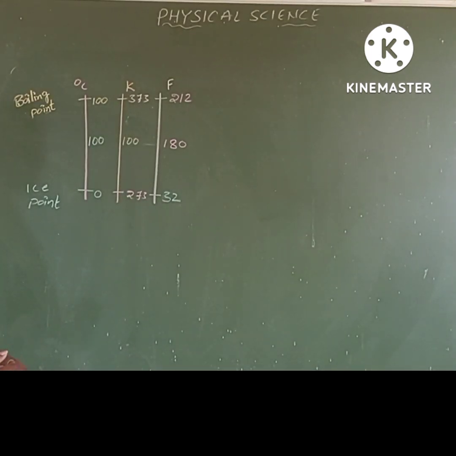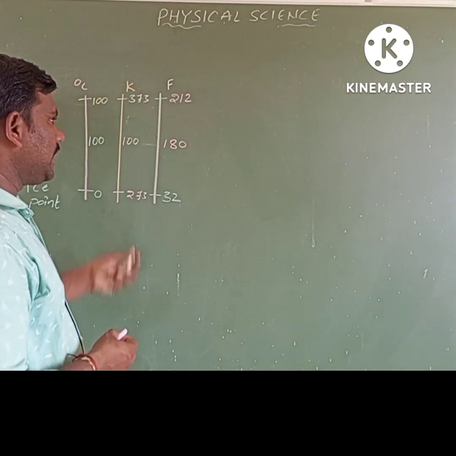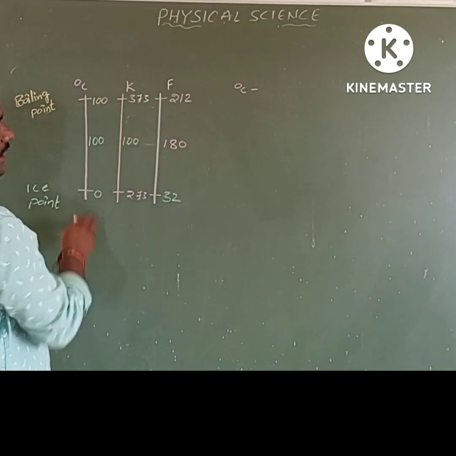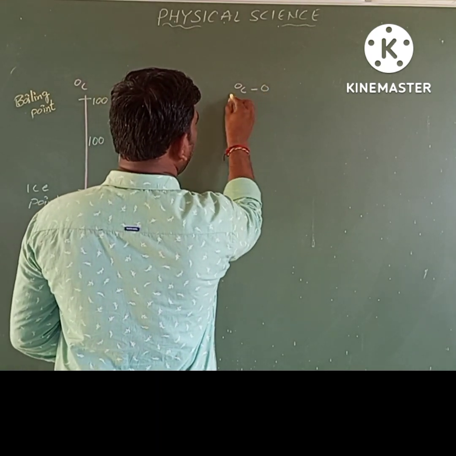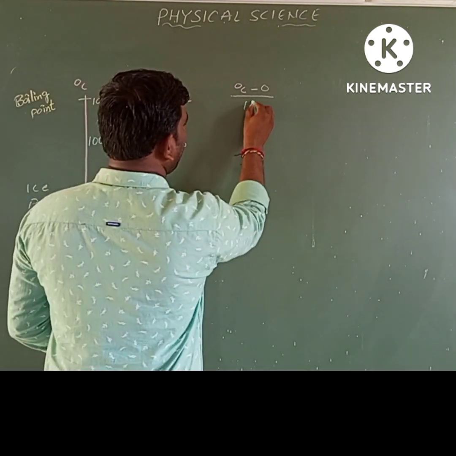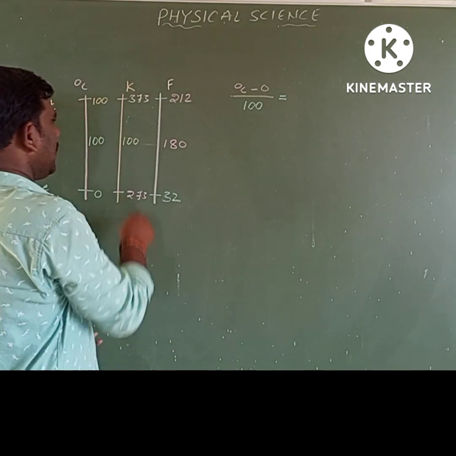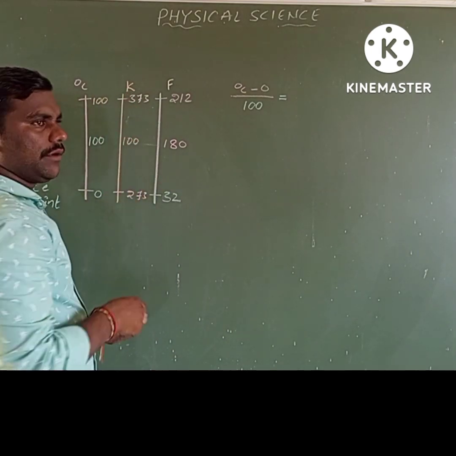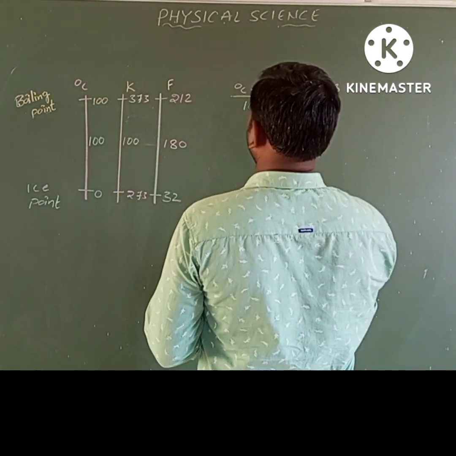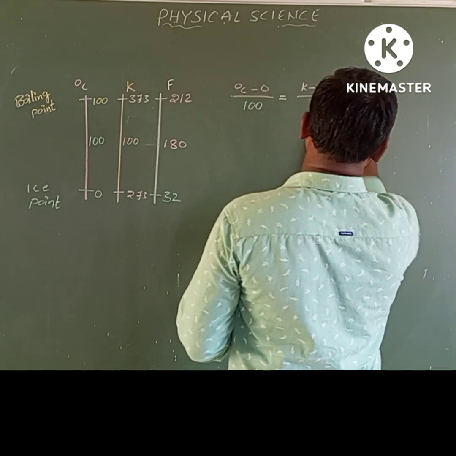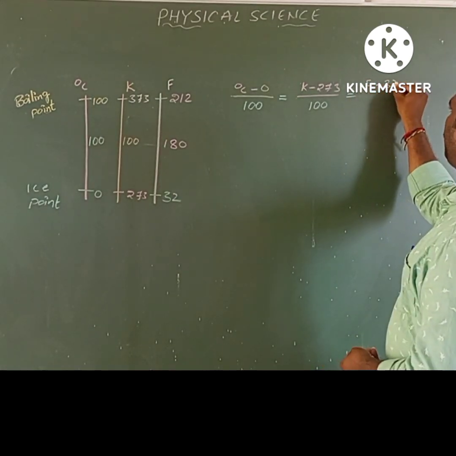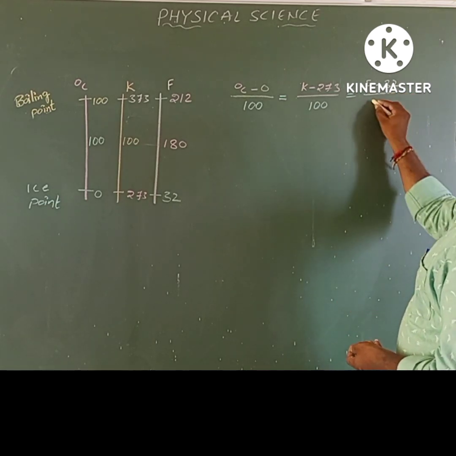So here we can find another important temperature conversion formula. That is, we can write degree Celsius minus lower fixed point, divided by the equal parts, that is 100, is equal to Kelvin scale minus lower fixed point over equal parts, that is K minus 273 by 100, that equals Fahrenheit: F minus lower fixed point 32 by equal parts 180.